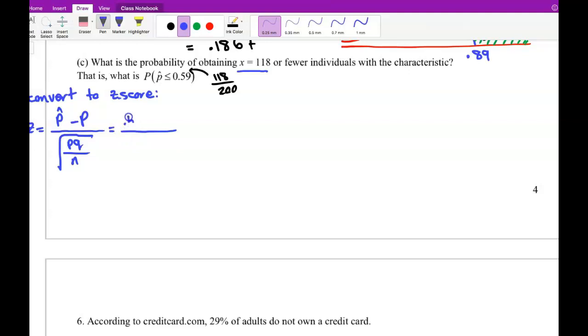P hat is 0.59 minus p, which is 0.65. And on this part we had 0.65 times 0.35 divided by 200. So this is negative 1.78.